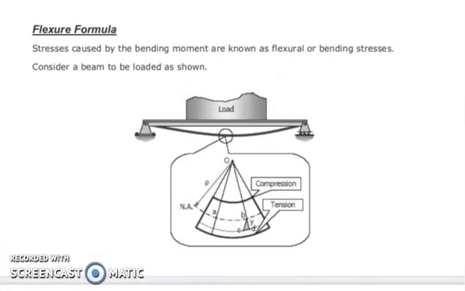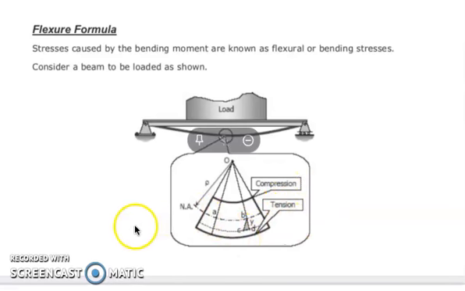So for the flexure formula, the stresses caused by the bending moment are known as flexural or bending stresses. We consider a beam that is loaded as shown in our figure. In our figure, we have the beam that is being loaded. We have our compression, and of course we have here our tension.